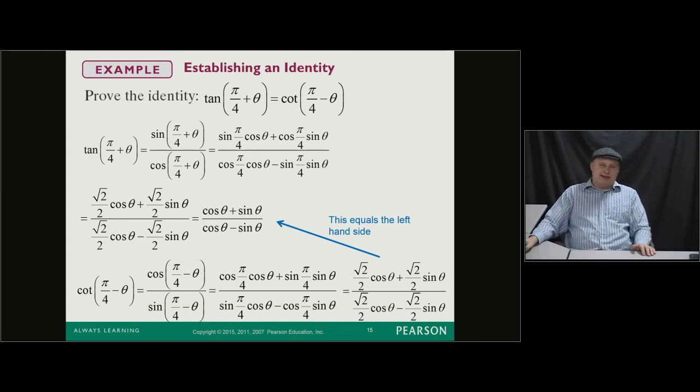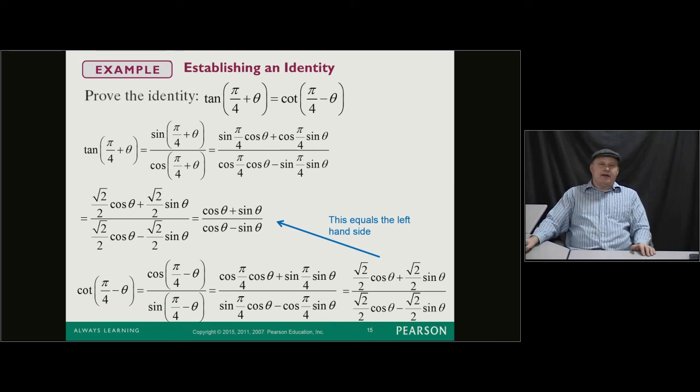Now, this one wasn't mine. This one was the author's. The way they demonstrated this one was they evaluated the left-hand side and they evaluated the right-hand side, and they showed you that they actually equal the same thing. Not the best proof technique, but it works. I would have done this a little bit differently, but that's okay.